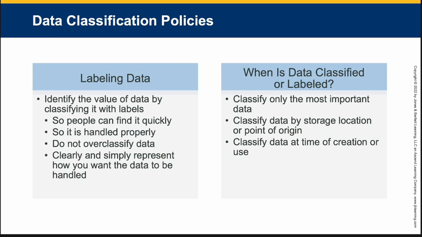People can find it easily, handle it, not overclassify it, simplify it, and make it clear. So you need to classify the most important data, store it, and don't forget to put a stamp and time and date.